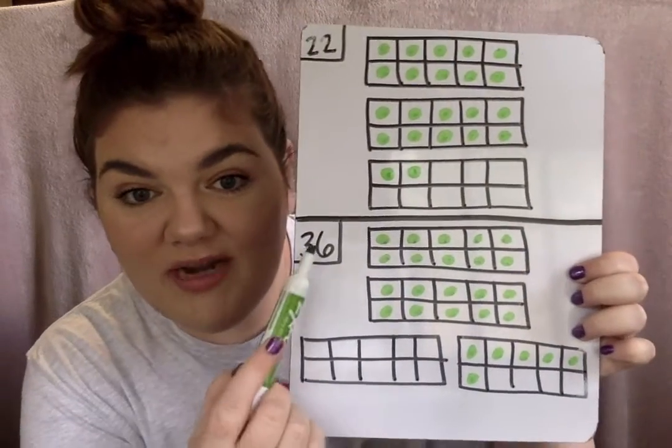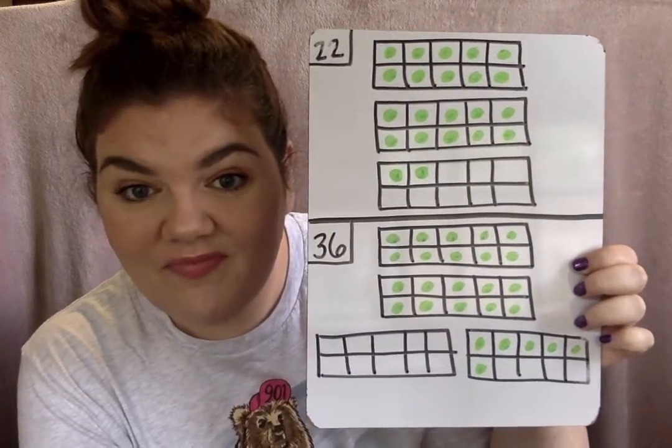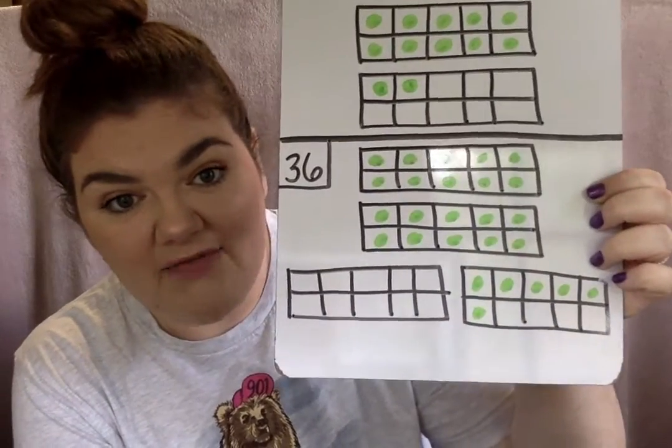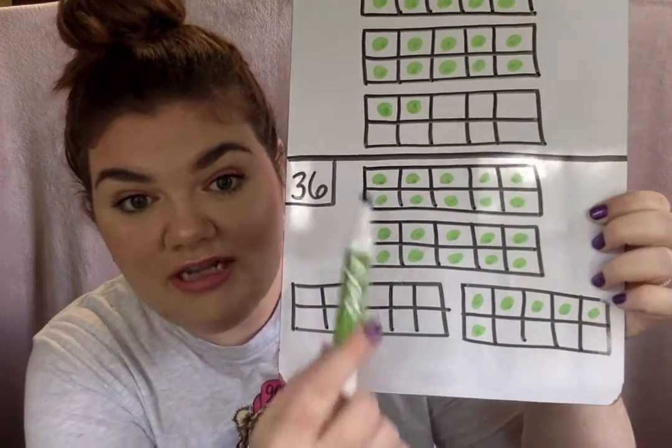Okay, now let's erase this and see what our next number is. Let's look at the bottom one. What number is that right there? 36. Yep, 36. Okay, let's see. What do we have? We have 2 10 frames filled out.